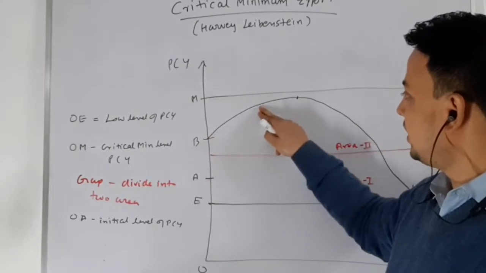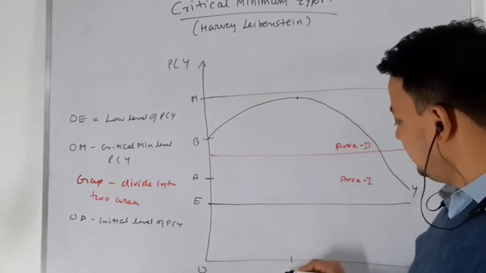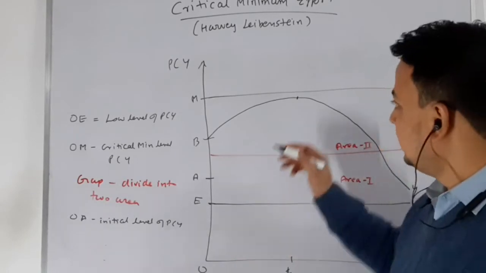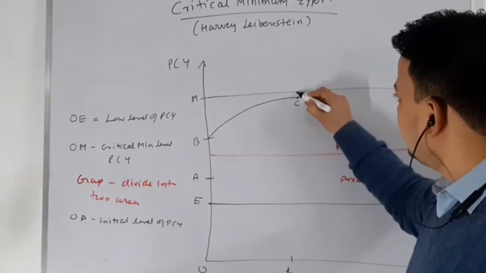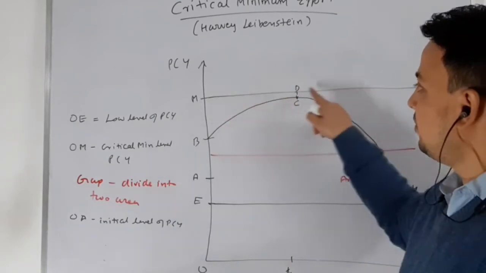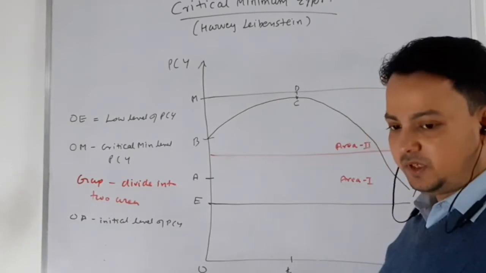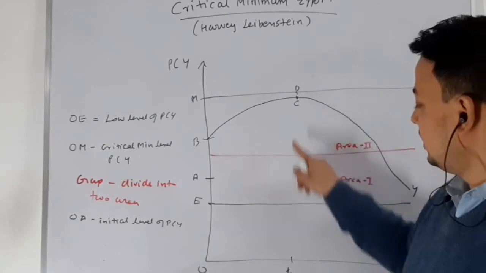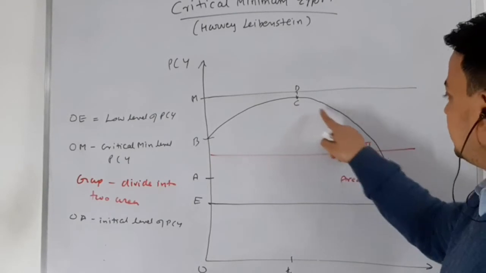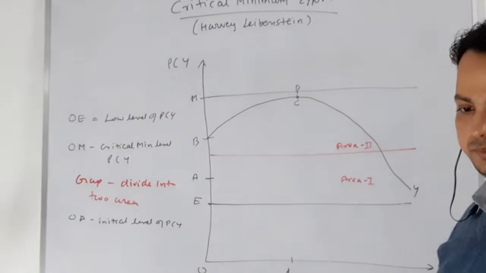Then over time my per capita income is increasing. Then at time t, I finance a second injection of investment. That shifts my per capita income from C to D. So I achieve the critical minimum level of per capita income. If I do not optimally time my second injection of investment at time t, this BCY curve will follow the path CY, and we will move to the normal level of per capita income.